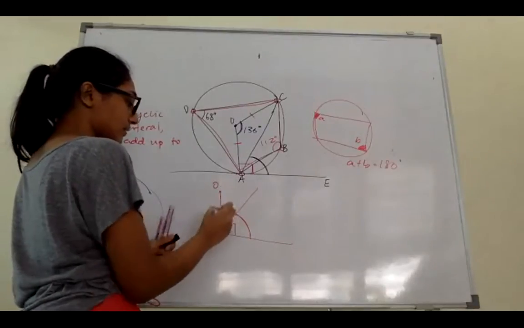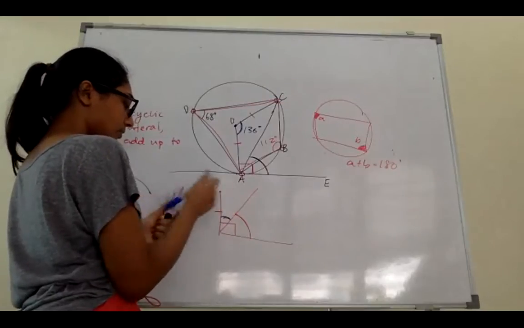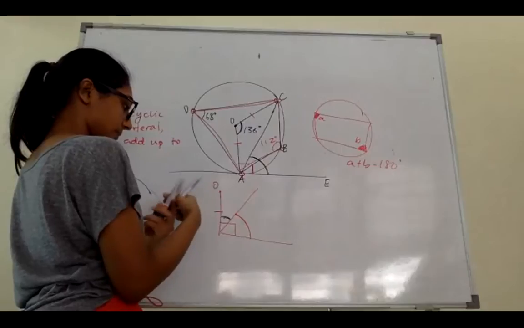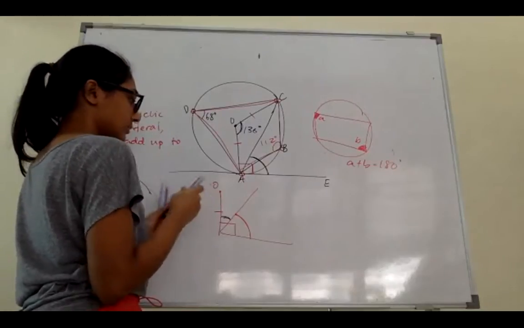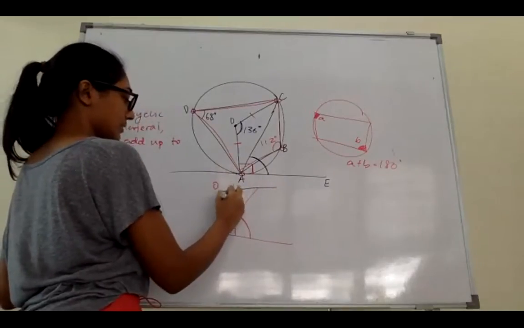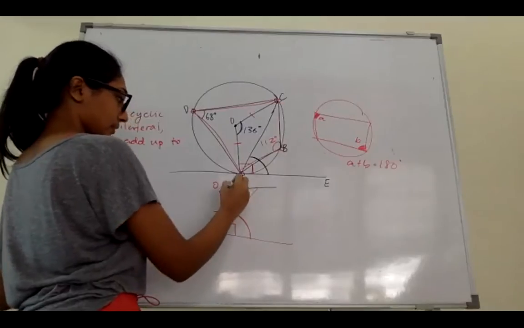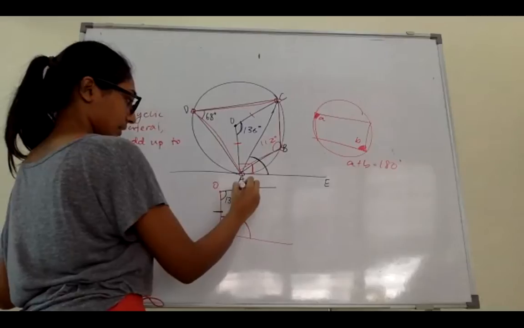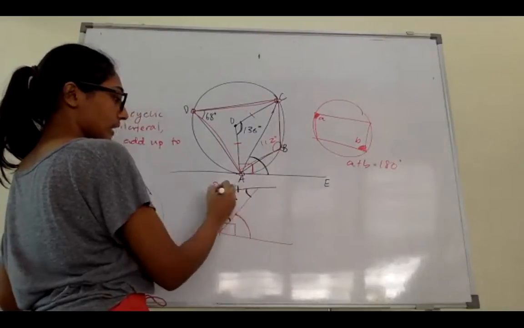Then I can take 90 degrees minus this. I know that this is 136. So if it's 136, the two sides must be 22 degrees each, because it's isosceles, and the whole triangle is 180.